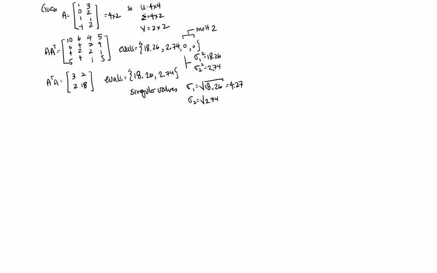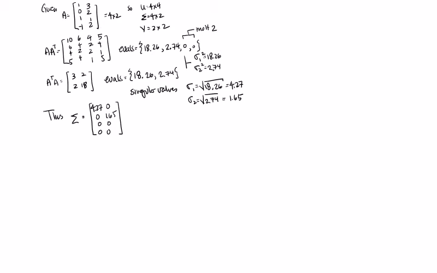The square root of 2.74 is 1.65. So this tells us sigma. And sigma, keep in mind, is 4 by 2. So those values go on the diagonal, and then we fill it in with zeros, down because it's 4 by 2, because of the size.